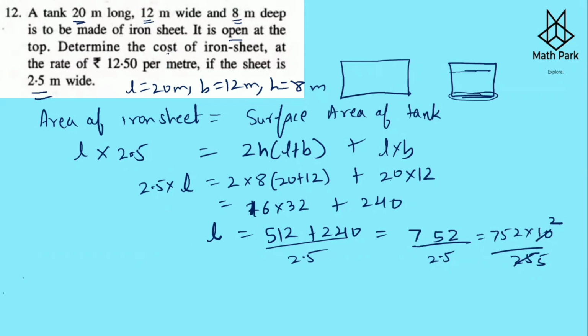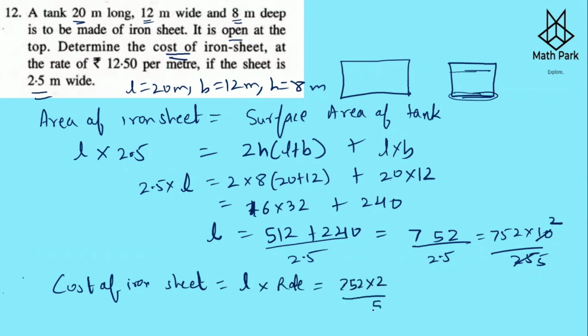Now you are asked to find the cost of iron sheet. The cost of iron sheet is equal to length multiplied by the rate. Now length is 752 into 2 by 5, and the rate is 12.5 rupees per meter.